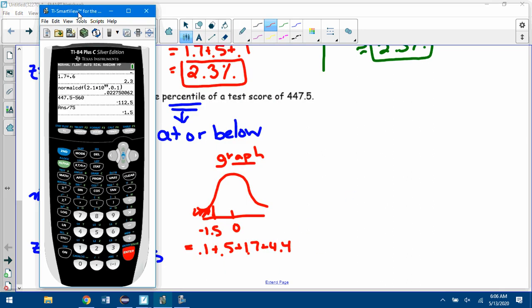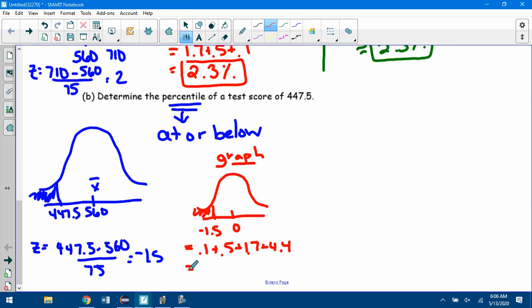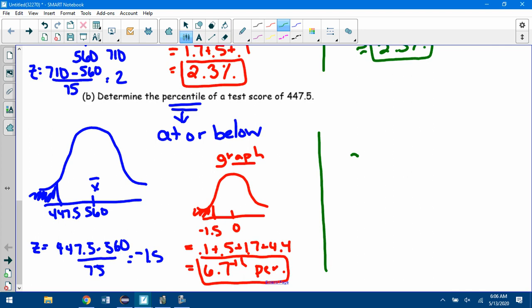So I know the first three give me 2.3. We did that. So add 4.4 onto that, and we get 6.7. So that is the 6.7th percentile. Okay? Or you could use calc. And the calculator would just be normal CDF, negative infinity, so negative 1 times 10 to the 99th, up to negative 1.5, comma 0, comma 1.